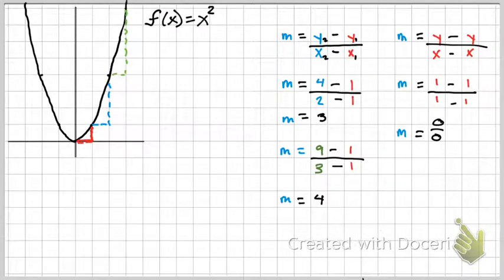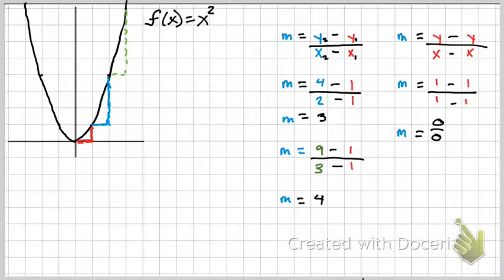The rate of change is 1. But when we move from 2 to 3, we're actually moving up 3 points. So it's changing. You're moving up 1 unit, and now you're going to move up 3 units.